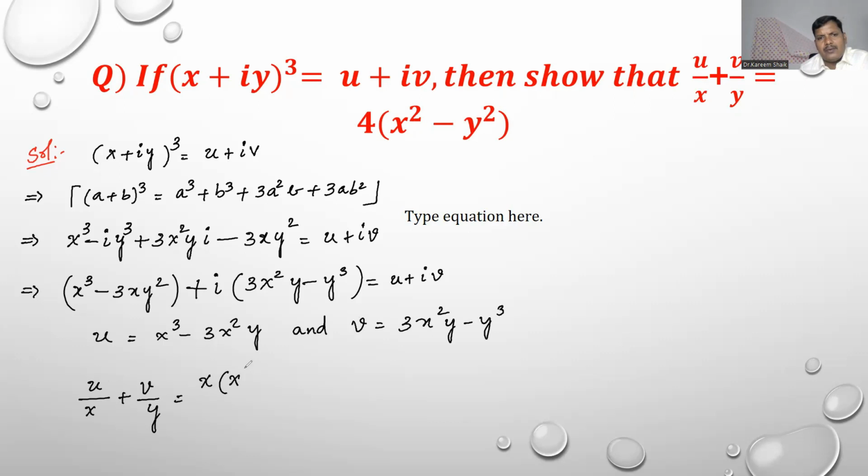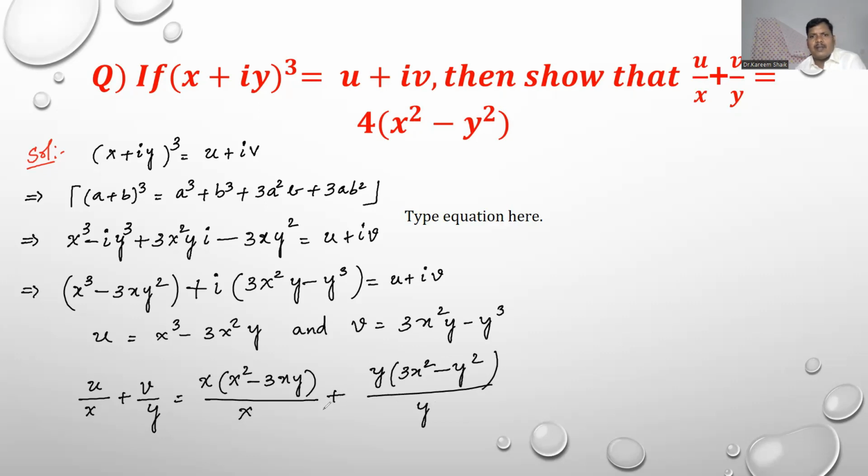If I take common x, we will get x square minus 3xy upon x plus, from this equation, can I take y common? 3x square minus y square upon y. What you will get now here? Y gets cancelled, x gets cancelled.